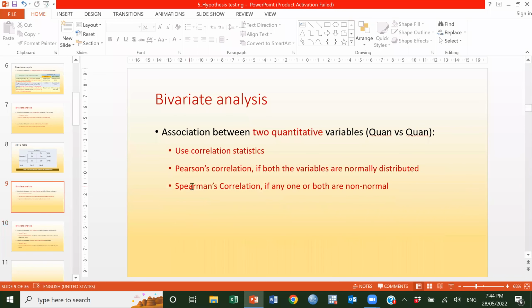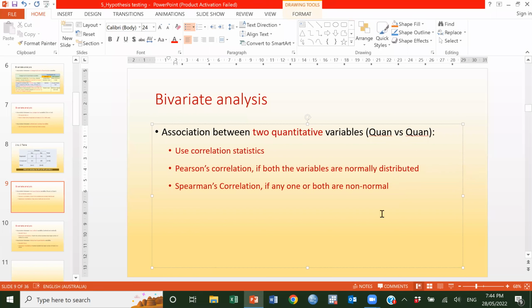However, just remember that Spearman's correlation can also be used for ordinal variables, that is, to find association between two ordinal variables.